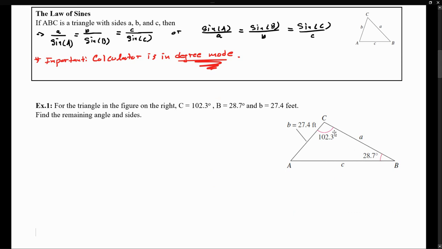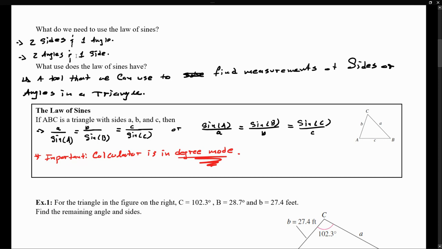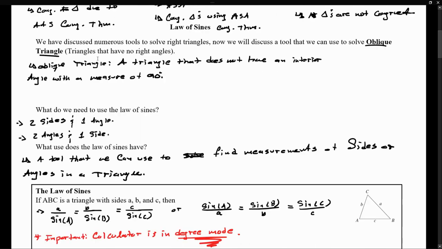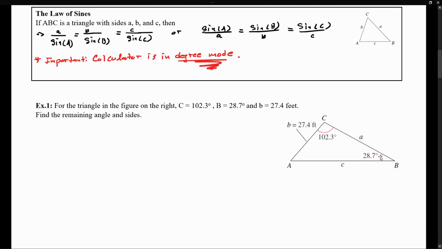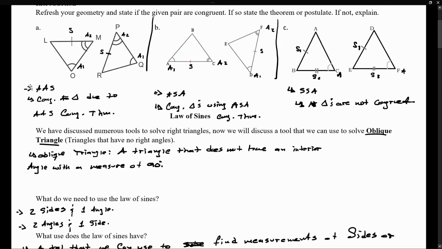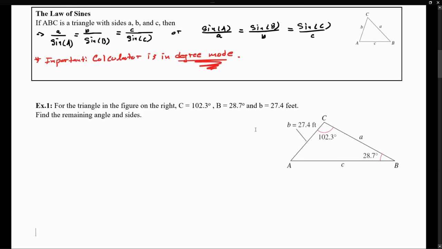But now, very important, take a look at the order here. We have angle, angle, side, which is okay, because that's one of the cases where we can use the law of sine, since it follows the angle, angle, side format. So we're good. Now we know that we can use it.